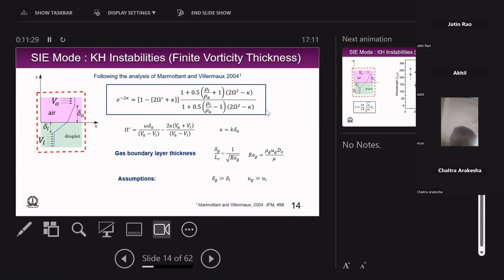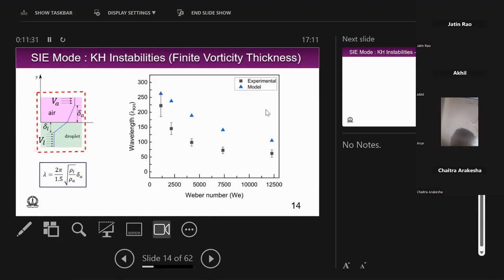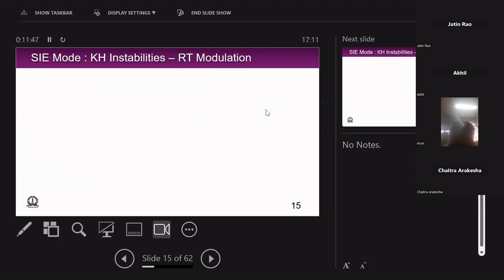Once you put all these things into consideration and plot the dispersion relationship, your experiment and the modeling results match to a fairly large extent. For a phenomenon as complicated as a shock hitting a droplet, this is, I would say, a pretty good match that we have been able to identify the critical wavelength.